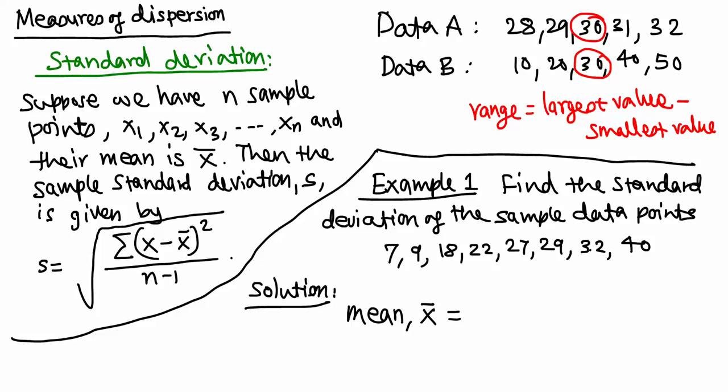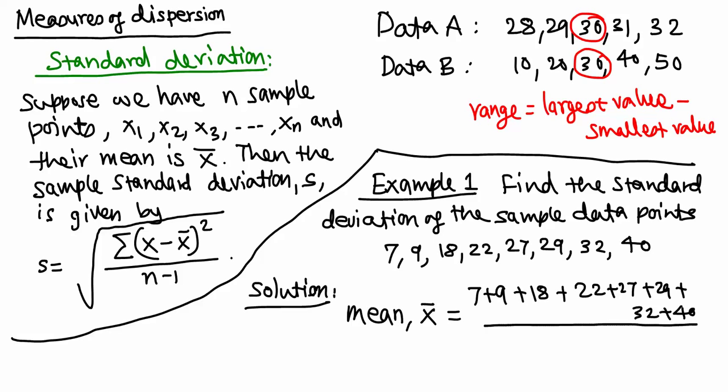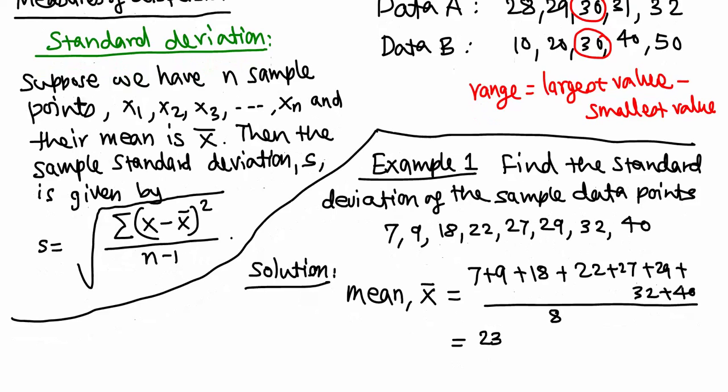Add all of these numbers. That's 7 plus 9 plus 18 plus 22 plus 27, 29, 32 plus 40, and divided by 8. Use your calculator, you're going to get 23. So 23 is the average.